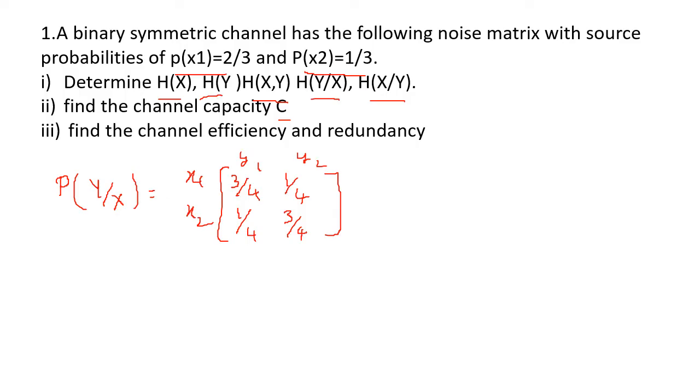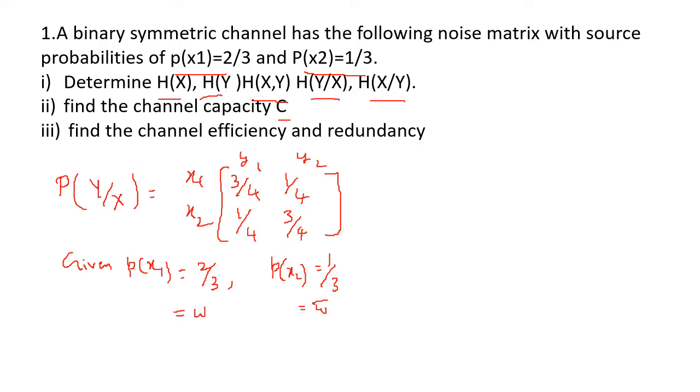So it is a binary symmetric channel. What is given here is P(x1) is 2 by 3, P(x2) is 1 by 3, and we have assumed this will be equal to W, and P(x2) is nothing but W bar as per the notations for your binary symmetric channel.